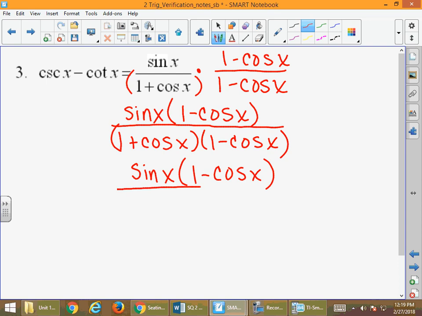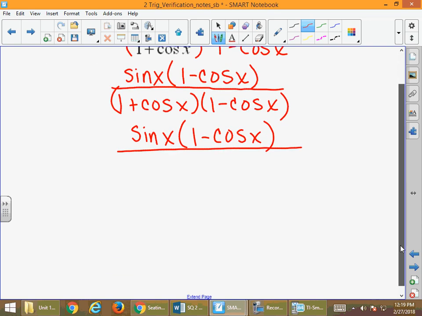We get sine of x times 1 minus cosine of x. And then down here in the denominator, we're going to FOIL or double distribute. We get 1 minus the cosine of x plus the cosine of x minus, because positive cosine x times negative cosine x is negative cosine squared of x. And maybe you even see a pattern when we multiply by the conjugate.